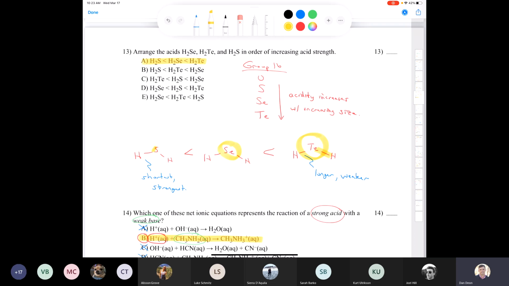If the bond is weaker, the molecule is more prone to lose a proton, and therefore it's more acidic. So the one with tellurium will be the most acidic, and H2S will be the least acidic.